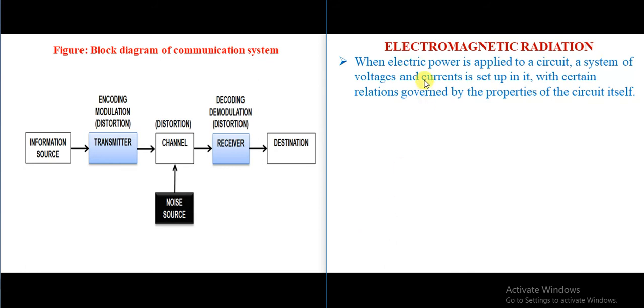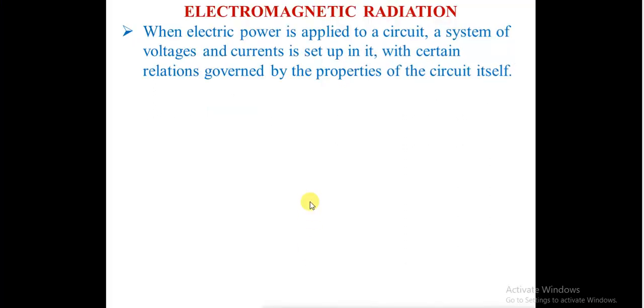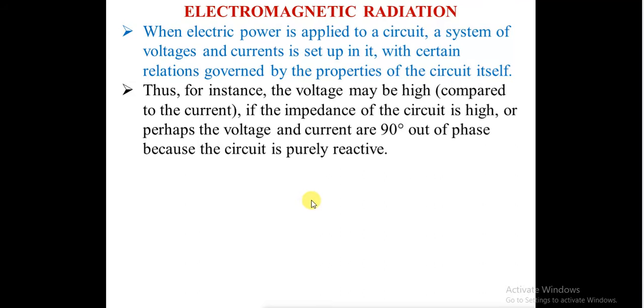So when electric power is applied to a circuit, a system of voltage and current is set up in it, with certain relations governed by the properties of the circuit itself. Thus, for instance, the voltage may be high compared to the current if the impedance, here the impedance means the AC resistance of the circuit, is high. Or perhaps the voltage and current are 90 degrees out of phase because the circuit is purely reactive.